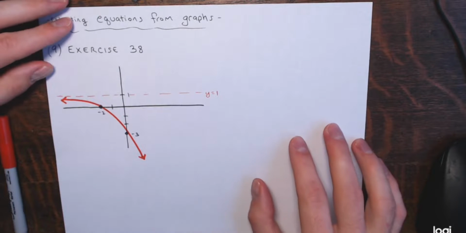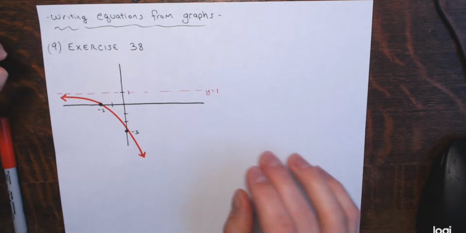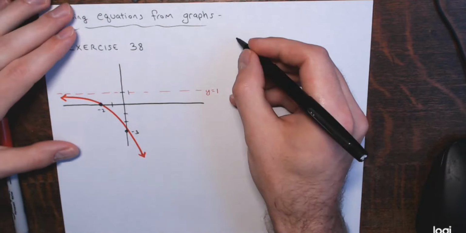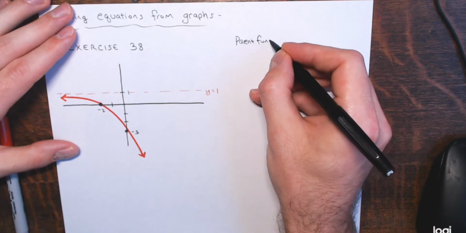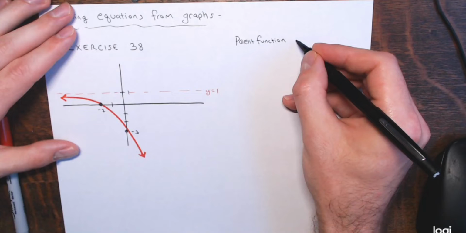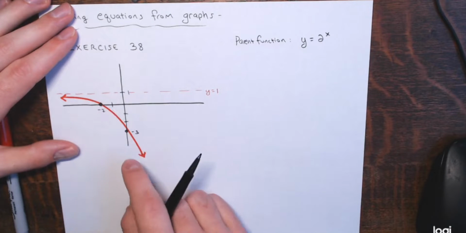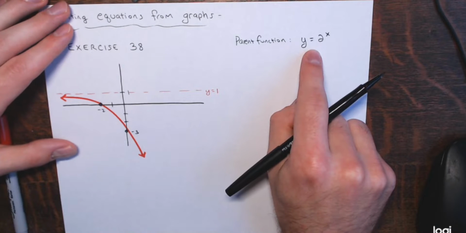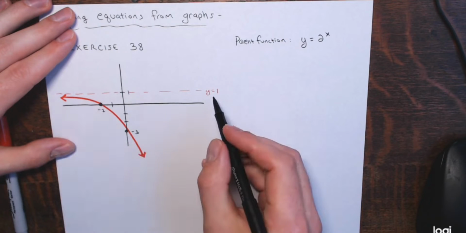And here's what I'm going to do. I'm going to reverse this back into y equals 2 to the x, right? Remember, the parent function is y equals 2 to the x. So I'm going to back this up until it looks like this. One thing I'll have to do is move it down 1.